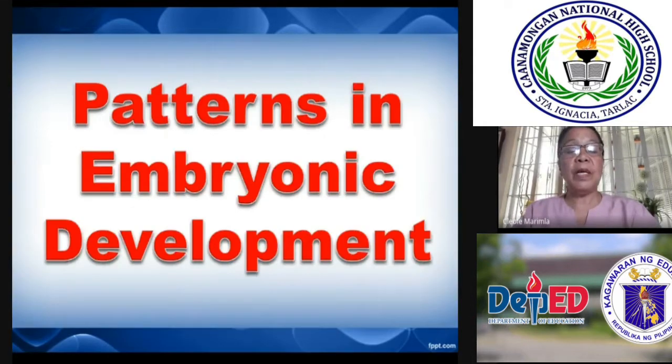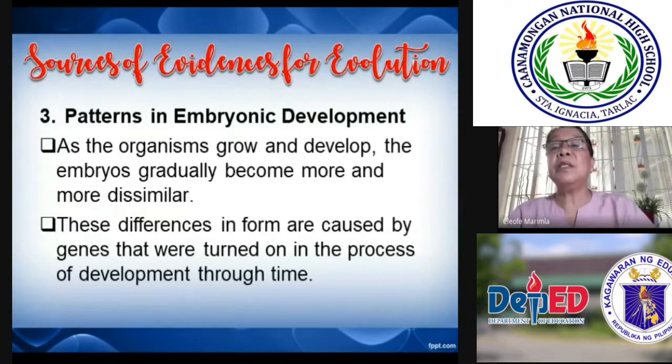The next evidence for evolution, the patterns in embryonic development. As the organisms grow and develop, the embryos gradually become more and more dissimilar. These differences in form are caused by genes that were turned on in the process of development through time.